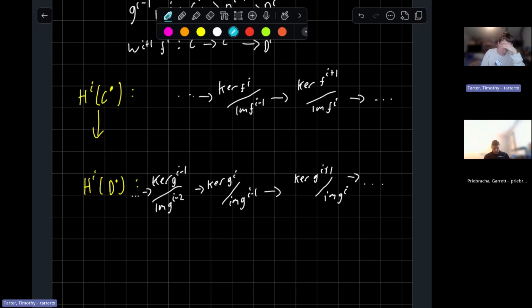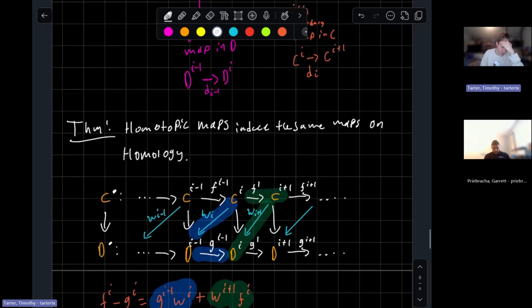And so then we're hoping for induced maps. So we have our straight down arrows that are induced by homology.